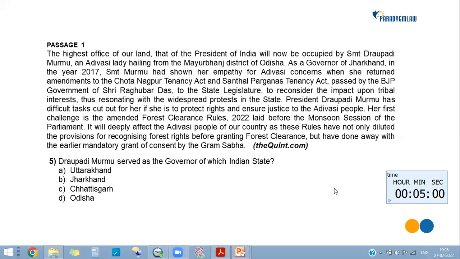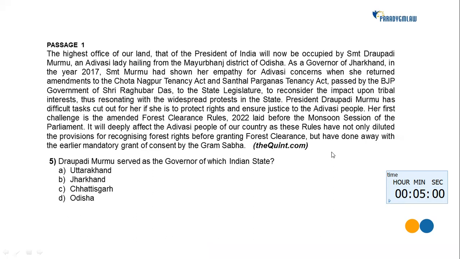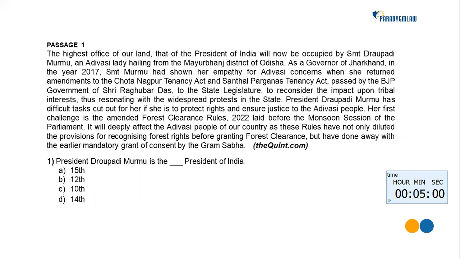Okay, that's the end of this passage. You had 5 questions and relatively easy questions, I believe. So let's discuss them. First one, this is a very obvious one, correct? Everybody knows that we have a new president, and that is President Draupadi Murmu, and she is the 15th president of India.